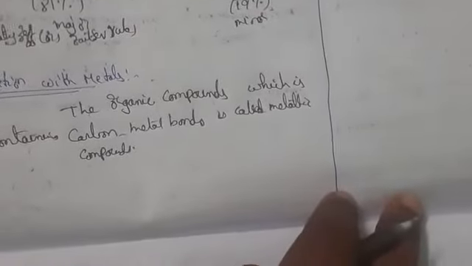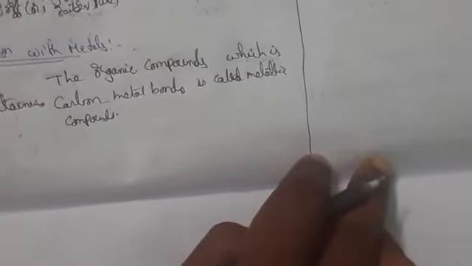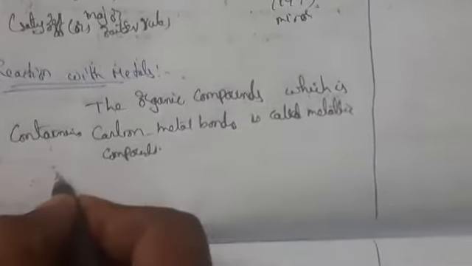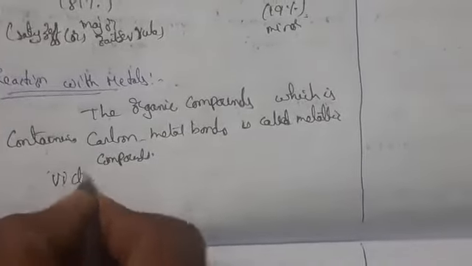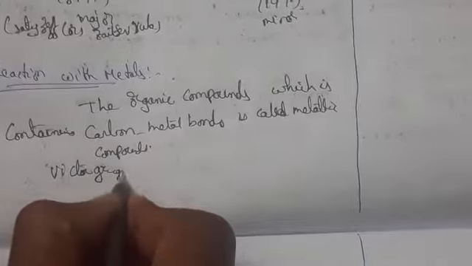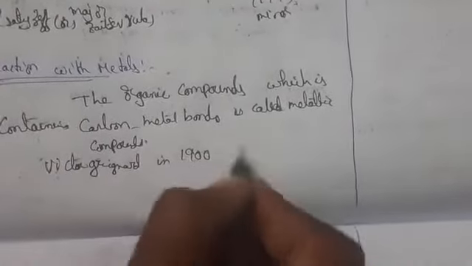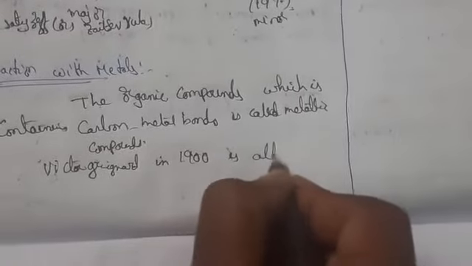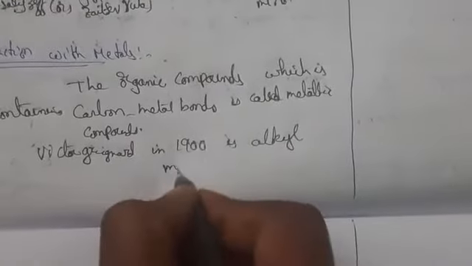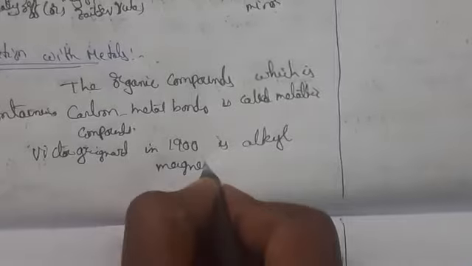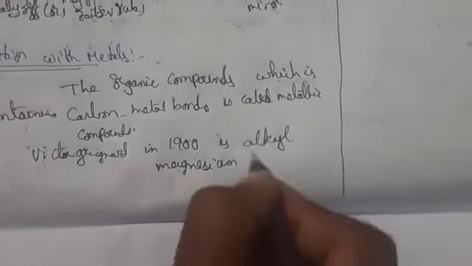Here an important organometallic compound was discovered by Victor Grignard in 1900. That is alkyl magnesium halide.